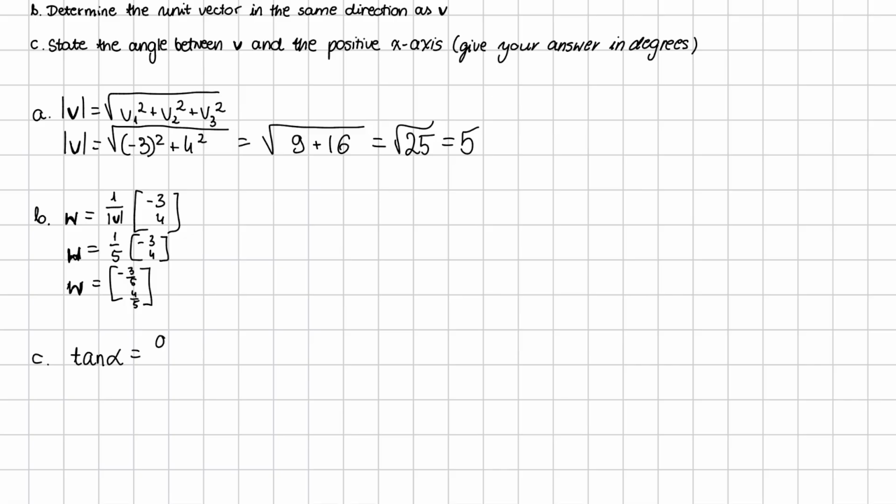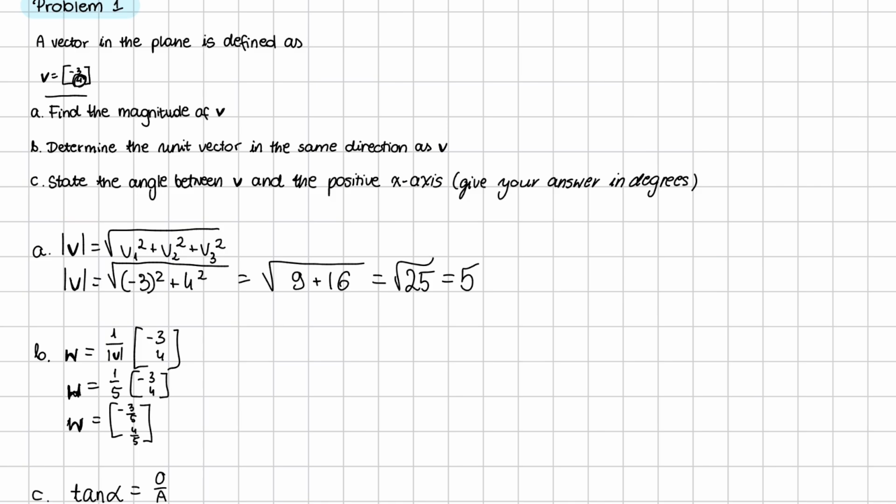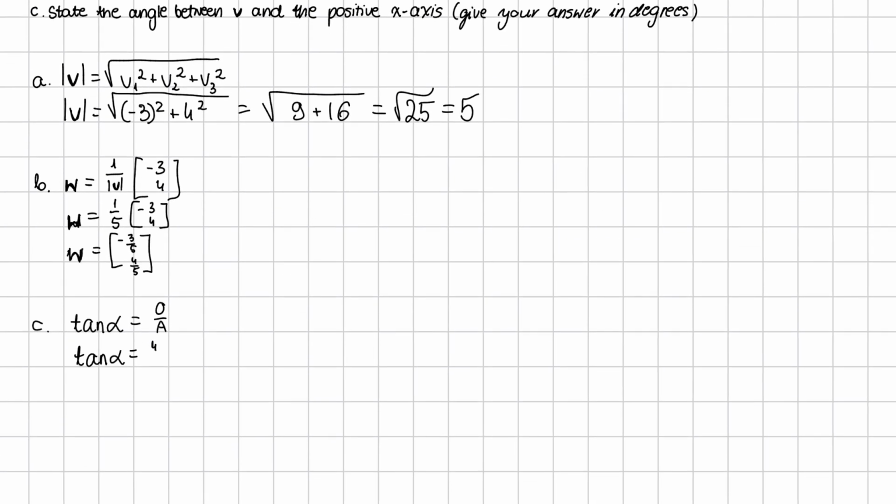I hope that you remember. So tangent alpha equals opposite over adjacent, and in our case opposite is 4 and adjacent is negative 3, because this is our x and this is our y.